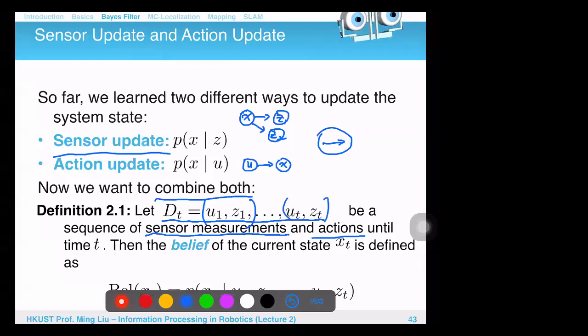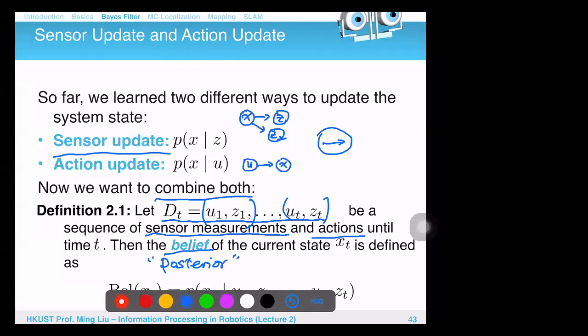We have some control over the state of the door. You have some observations, up to time t. This is the process. Then the belief is how much confidence you have. Belief is also a posterior.